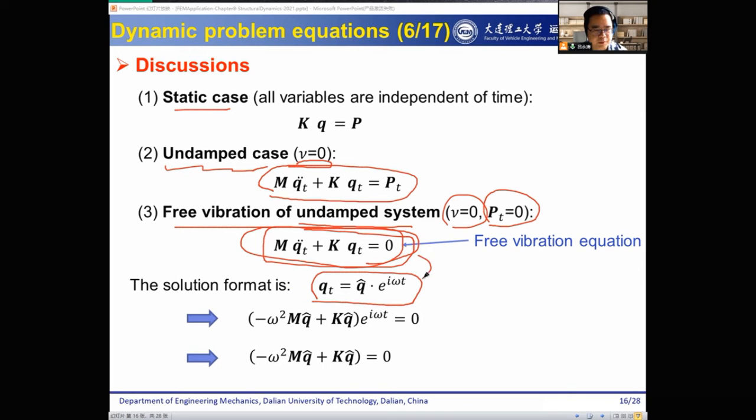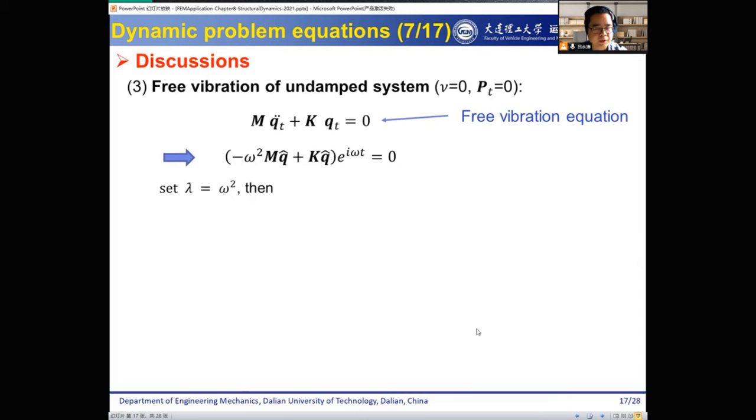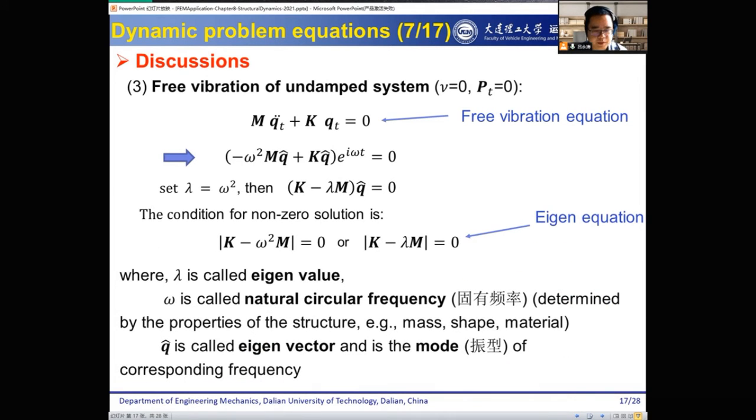To solve this equation, we give a trial function. We guess the solution is in this format, and then you put it back into the equation, you get those terms, and then you solve this. So this is still the free vibration of the undamped system.